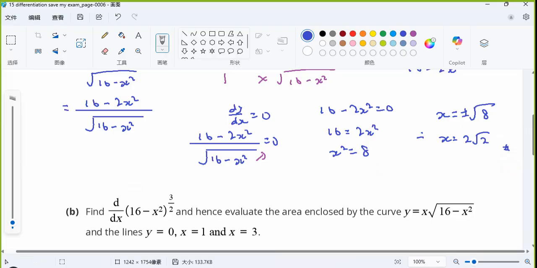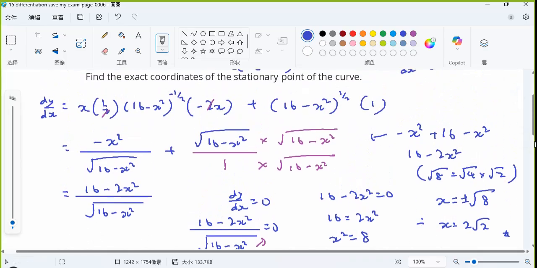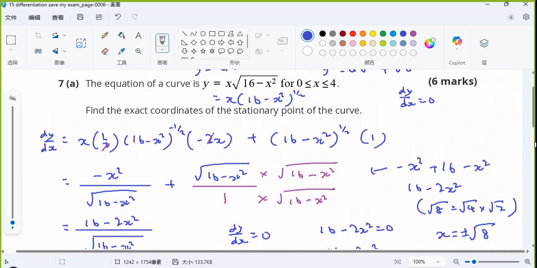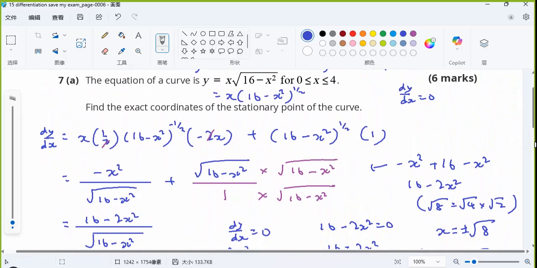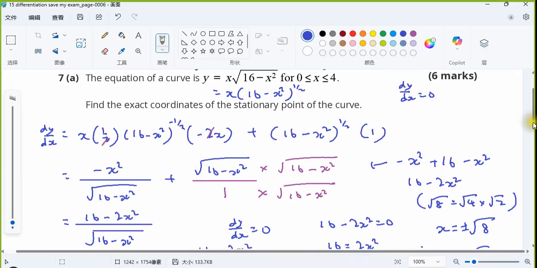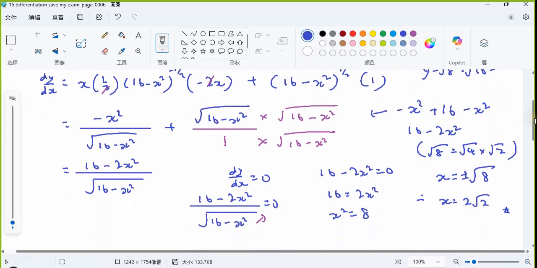So 2 square root 2. Okay, so square root 8 is square root 4 times square root 2, so it's 2 square root 2. Then y will be square root 8 multiplied with the square root of 16 minus x squared, which is 8.